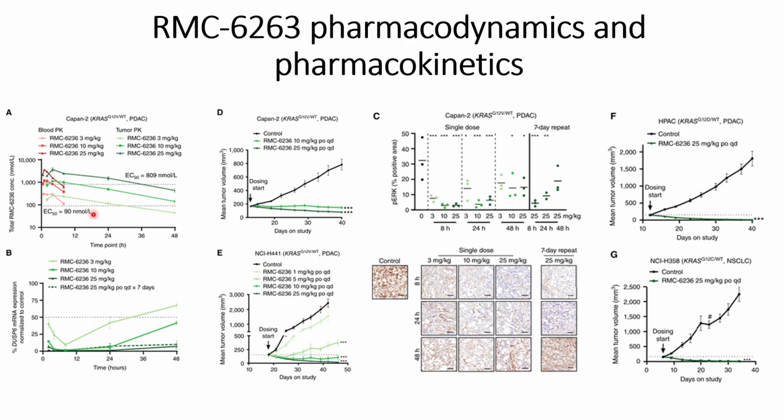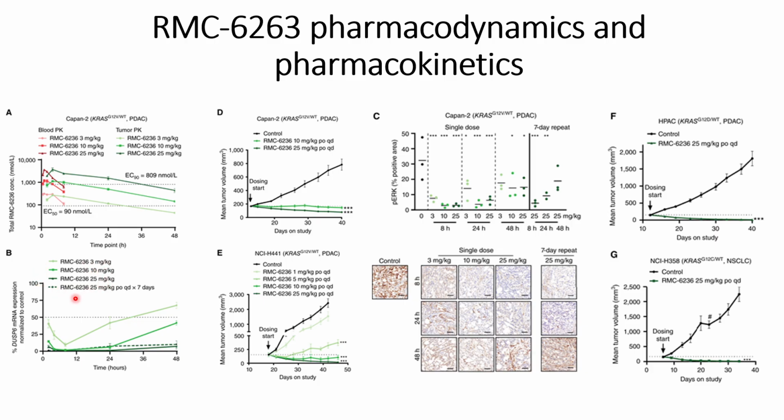That is, the EC90 for the tumors is 809 nanomolar per liter, whereas for the blood it is around 90 nanomolar per liter. For blood they are checking EC50.